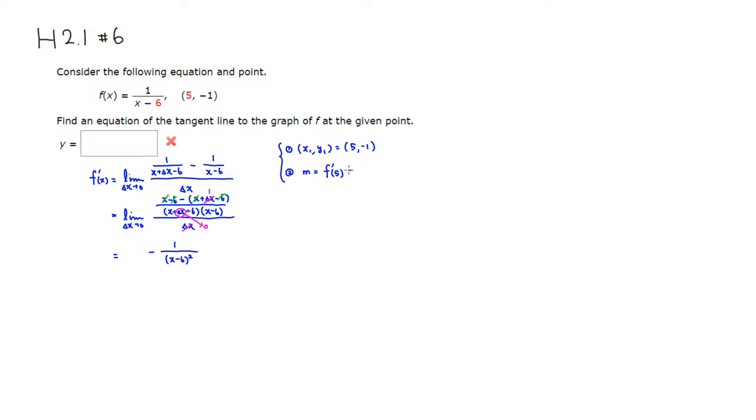So it's going to give you negative 1 over 5 minus 6, which is negative 1, squared, so it's going to be 1. So it's negative 1.